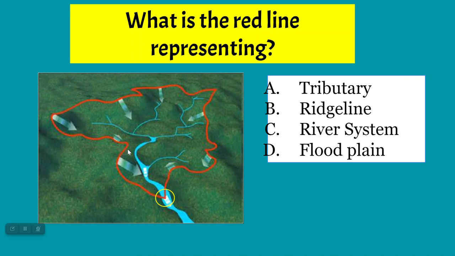All right, if I think about all of the water that's going to be coming down hills and leading into this creek or river, I know that these areas must be higher up since the water is flowing down them. So the high up lines that help define our watershed are called ridge lines. They are natural geographical features.